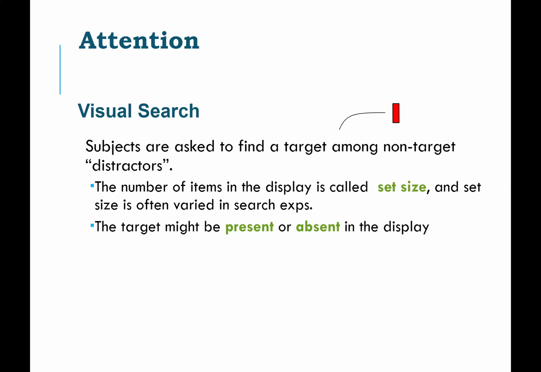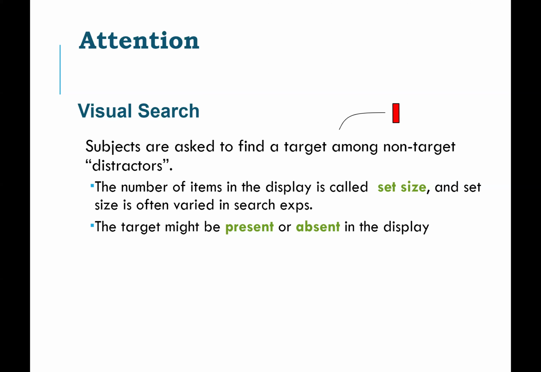You have a target, and then you have a display, and your job is to search in that display and say whether the target was present or absent. As you can imagine, you need both conditions, because if it was all present, it wouldn't be a task. If it was all absent, it wouldn't be a task. So they're interleaved. The number of objects in the display is usually called set size, and you could vary that.